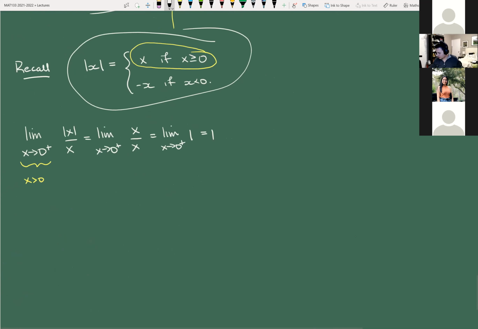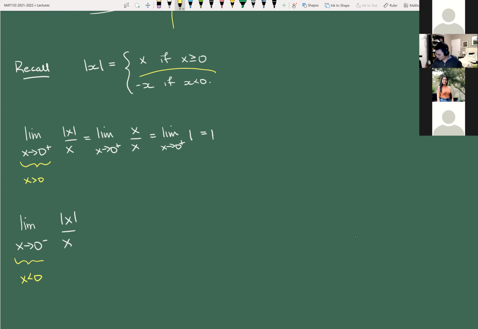It's nothing special. I remember I really hated it when absolute values would show up, but if you remember it's just a piecewise function and you treat it the exact same way, then it's not too bad. So here, x is less than 0. That means that we are now in this regime, so the absolute value of x is equal to negative x.